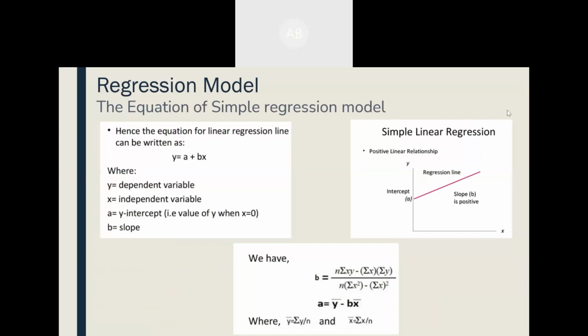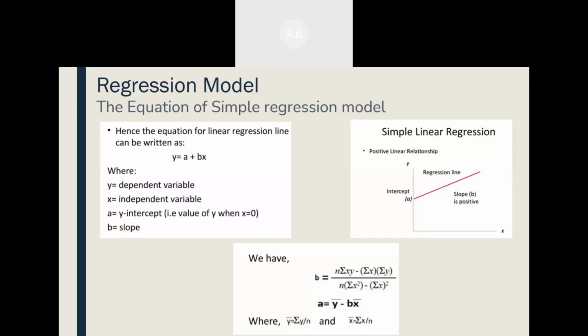There are some terms you should know in the case of a linear regression, or what is known as a linear regression model. That means when you fit a straight line into the data set that you plot. As you know, the equation of a straight line is y is equal to a plus bx. Y is our dependent variable, which is normally plotted along the y-axis.